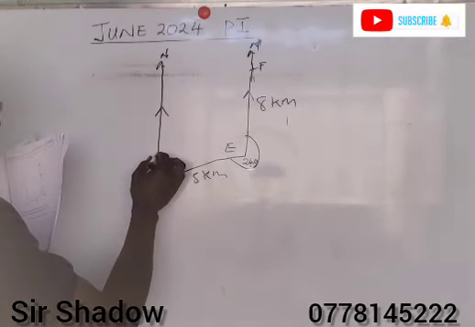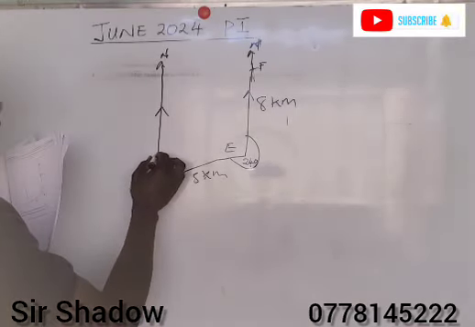So we want to find this angle. We want to find this angle first. So we are saying 360 minus 240, that is 120 degrees, meaning that this angle inside is 120 degrees.